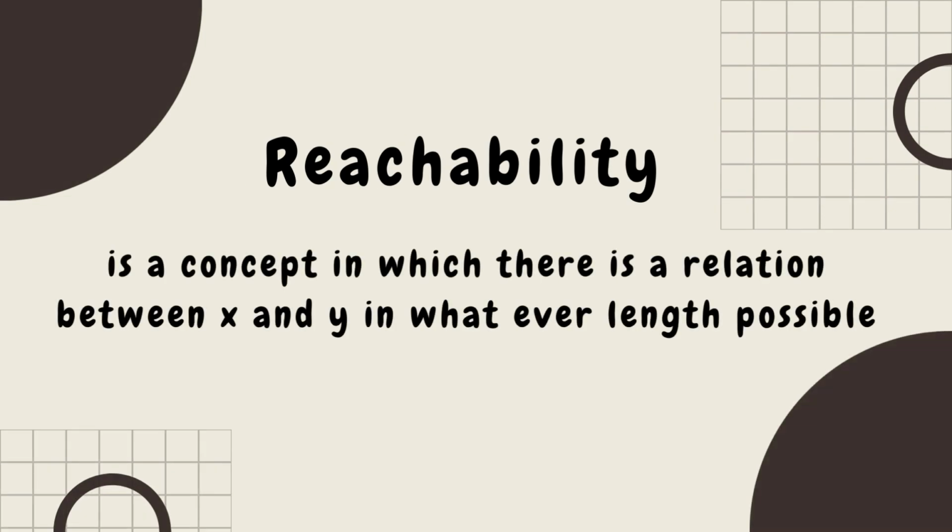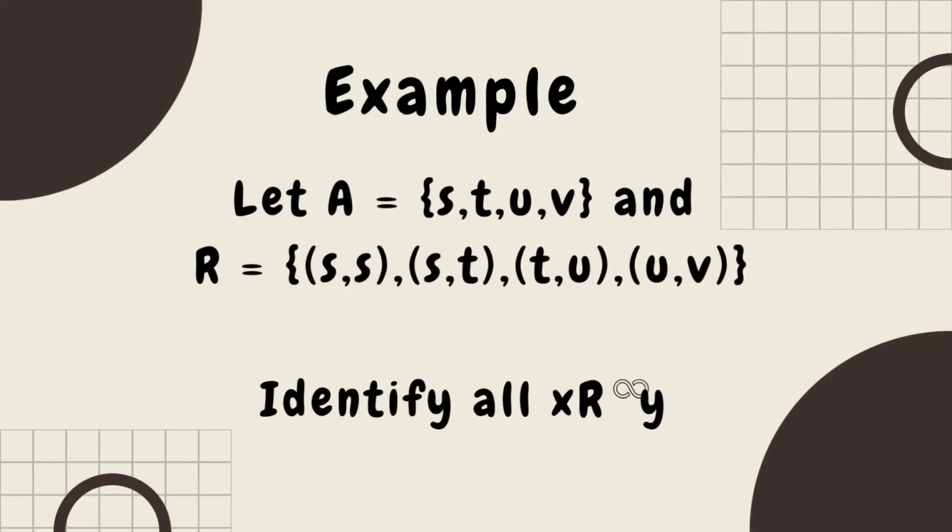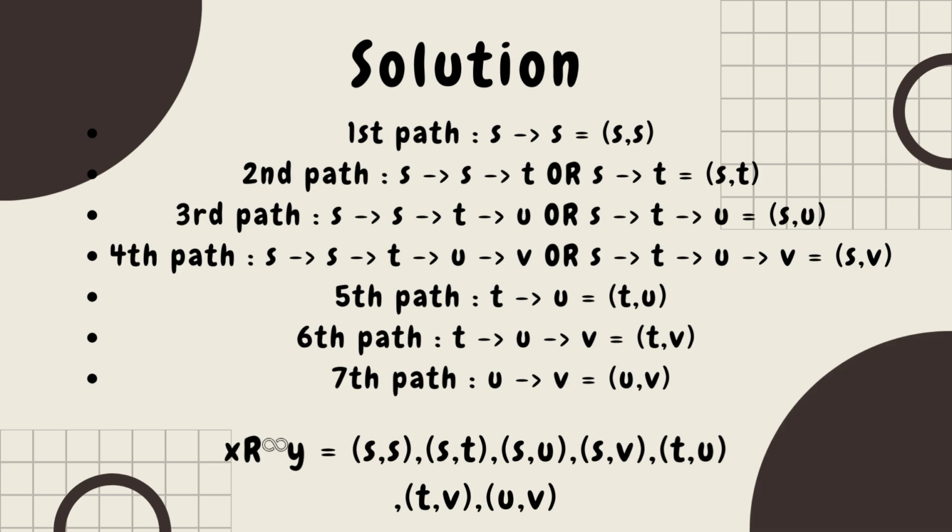Reachability is our last destination here, which is a concept in which there is a relation between x and y in whatever length possible. As usual, let's take a good look at this example and the solution.